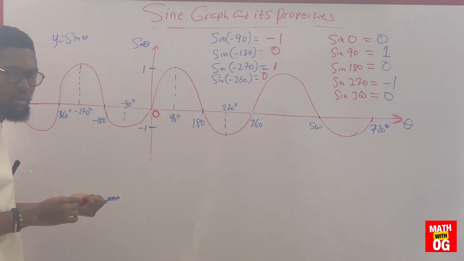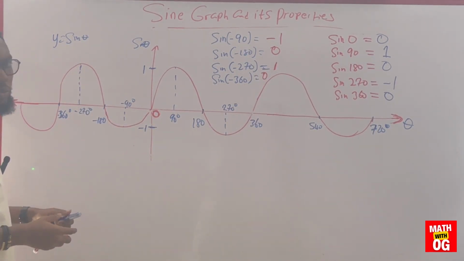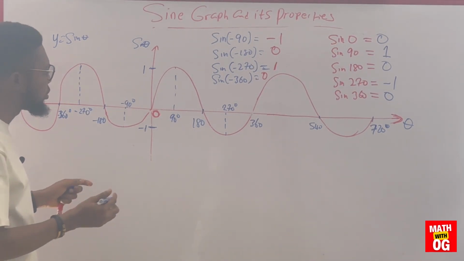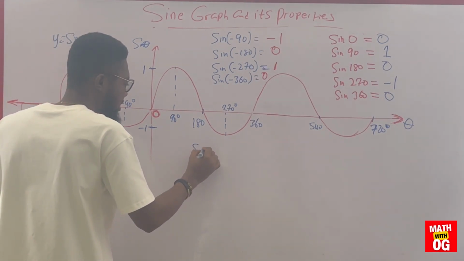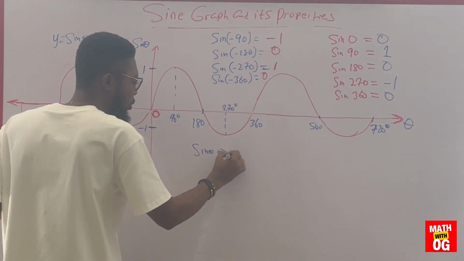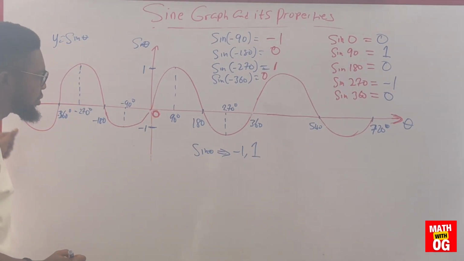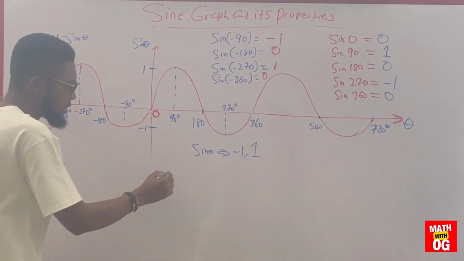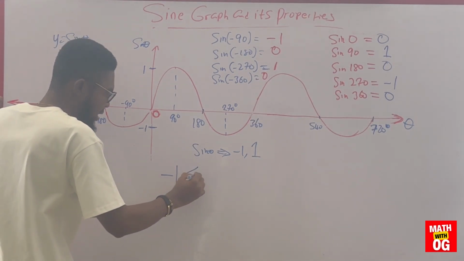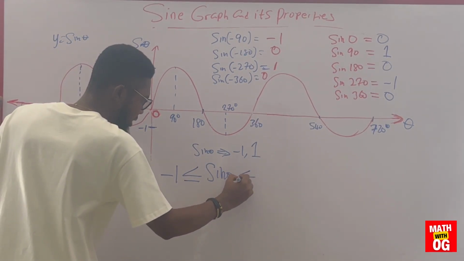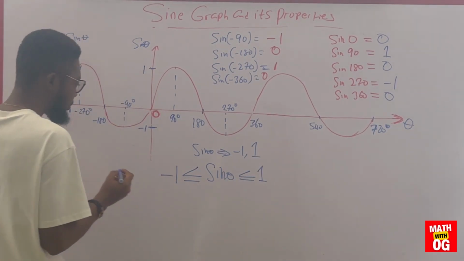So there are a few things that we can observe from what we just did. One of those things is that sine theta ranges from -1 to 1. If I'm to write that using inequality signs, I can say -1 is less than or equal to sine theta less than or equal to 1.